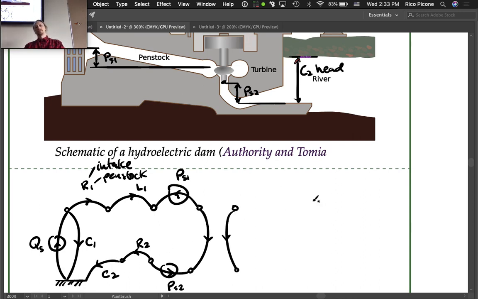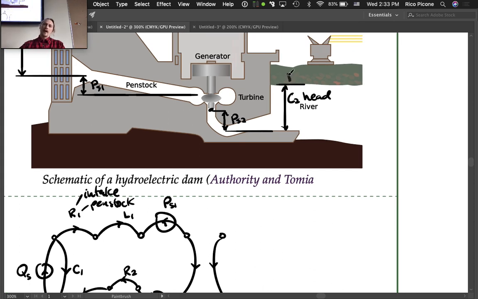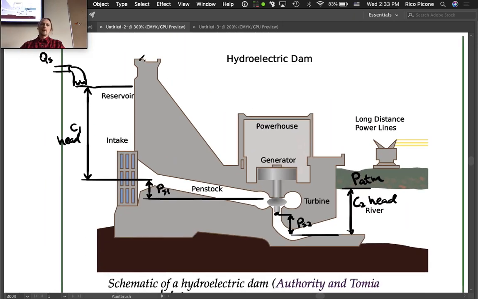C2. Back to atmosphere, right? Because up here, we're at atmosphere again. We started way up here at atmosphere, and we got back to atmosphere. Great.